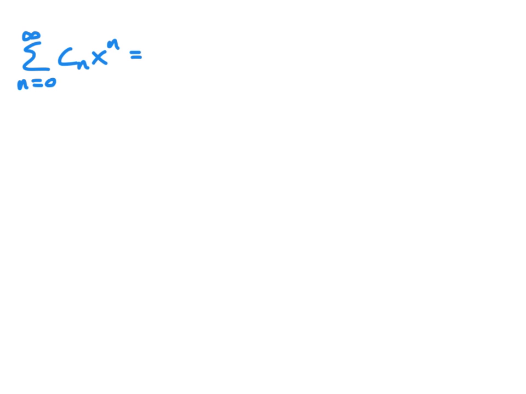Well, when n is 0, since that is even, we're going to have a coefficient of 0, and so we have 0 times a power of x. For the next term, when n is 1, we're going to have c sub 1, which is going to be 1 over 1 factorial, multiplied by x to the 1, or just x.